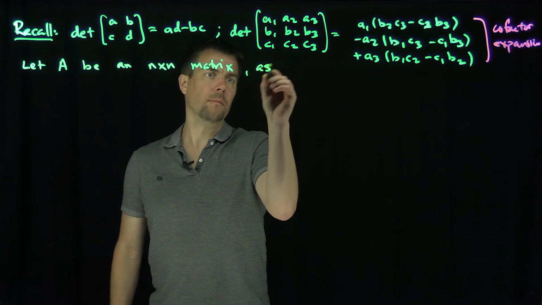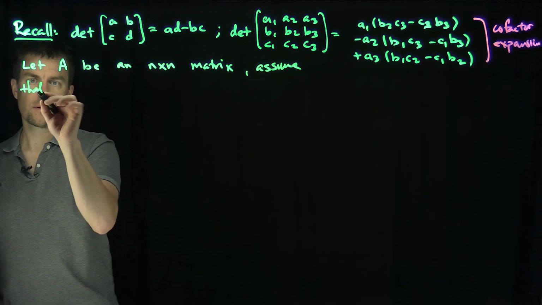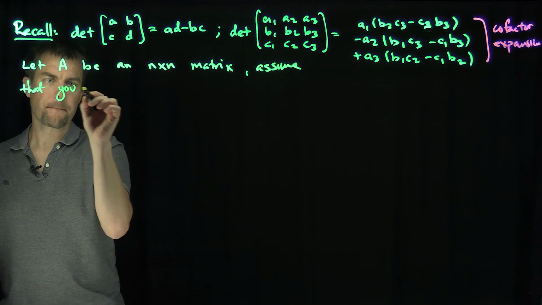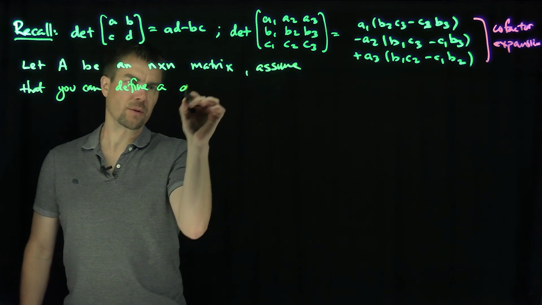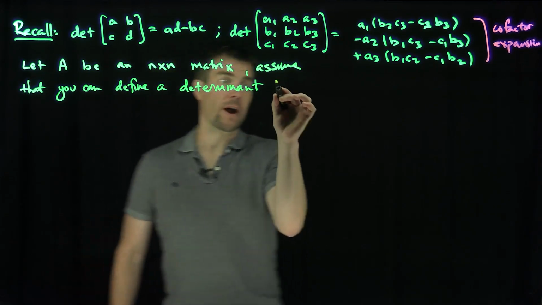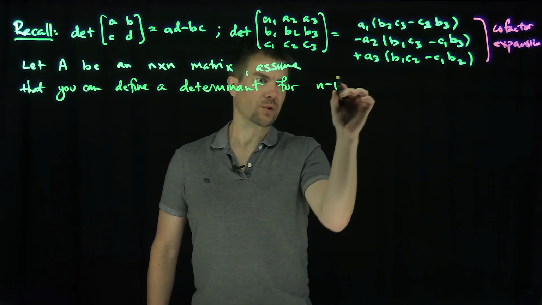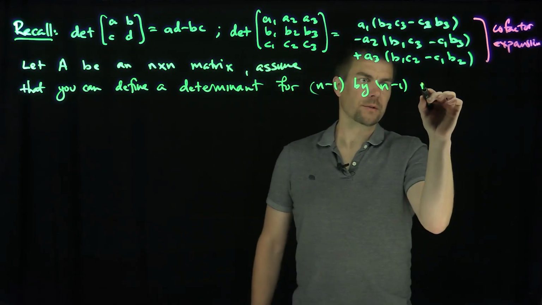Assume that you can define a determinant for n minus 1 by n minus 1 matrices.